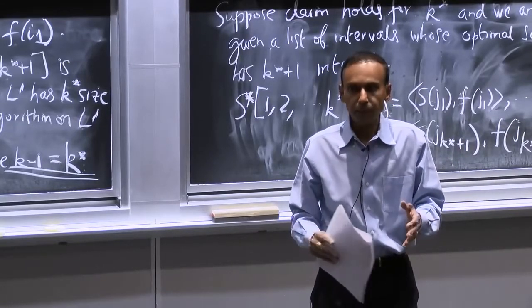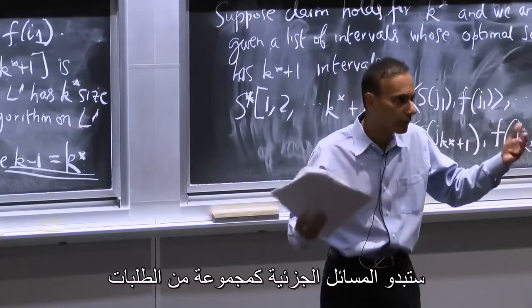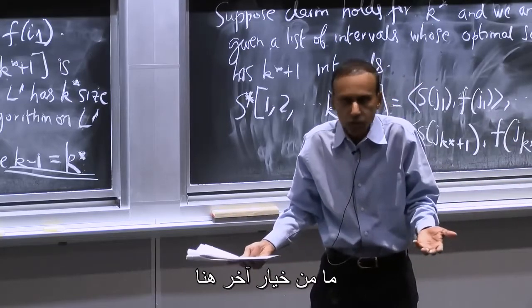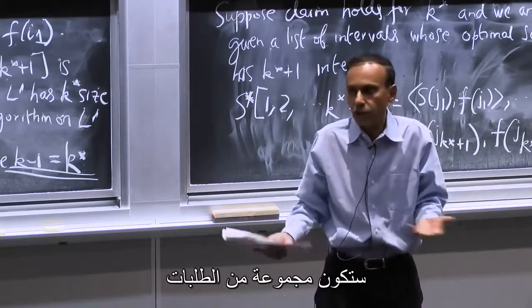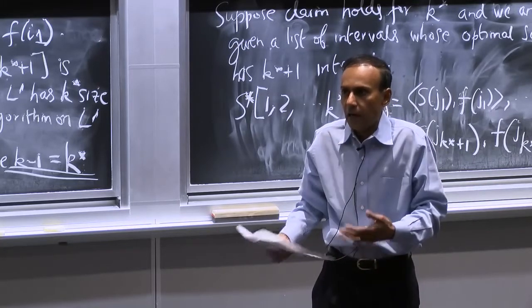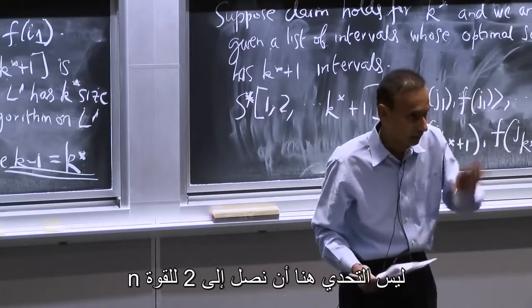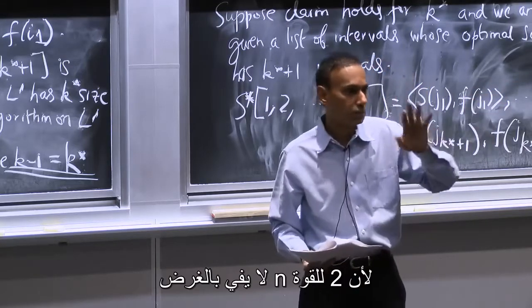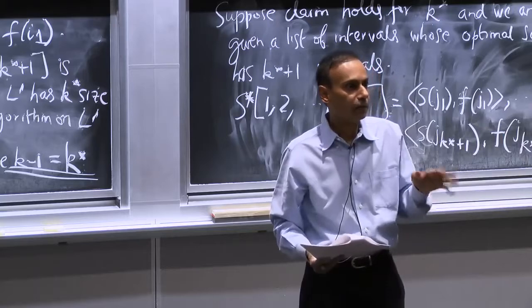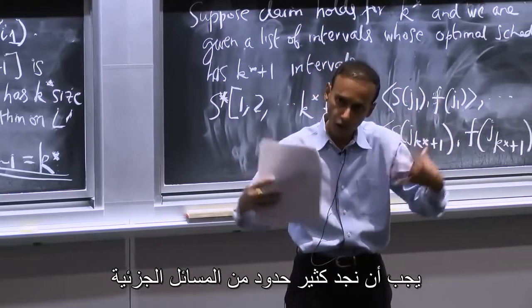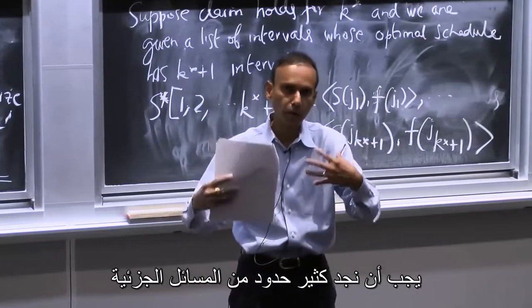The subproblems are going to look like a collection of requests, right? And so the challenge here is not to go to the 2 raised to n, okay? Because 2 raised to n is bad. If we want efficiency, we have to have a polynomial number of subproblems.